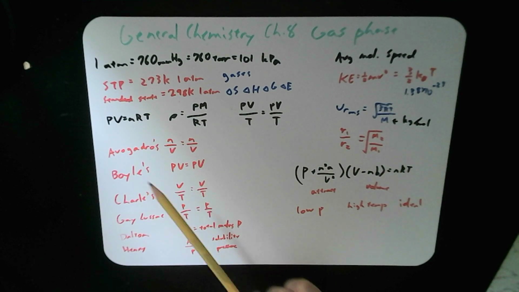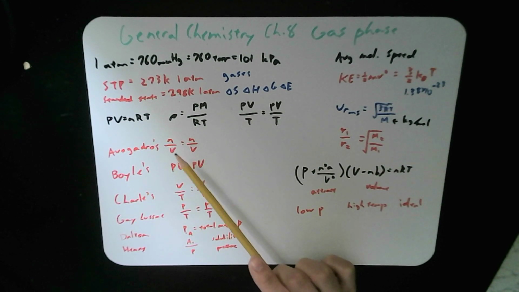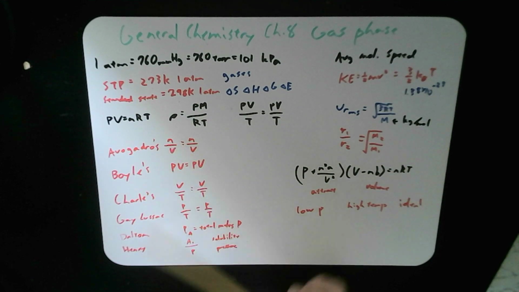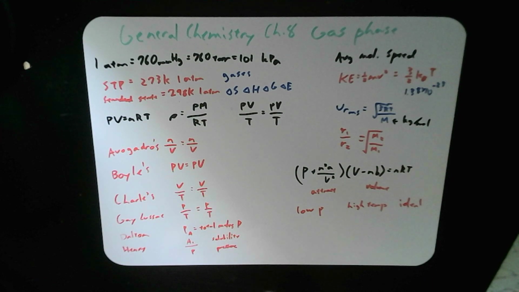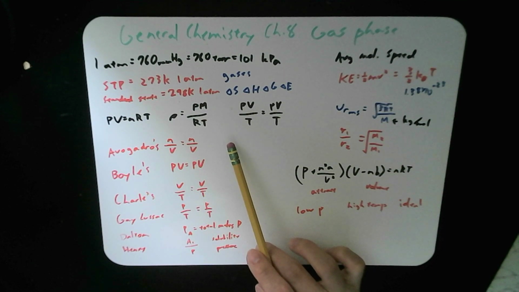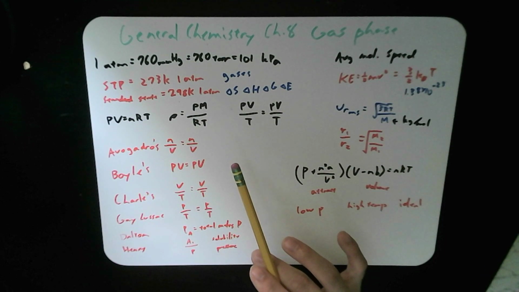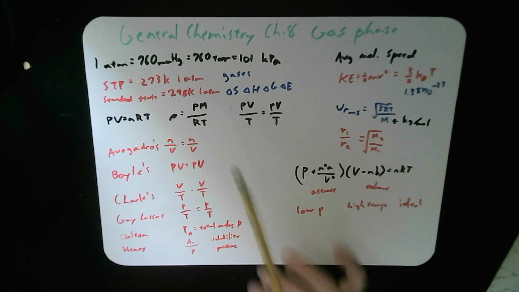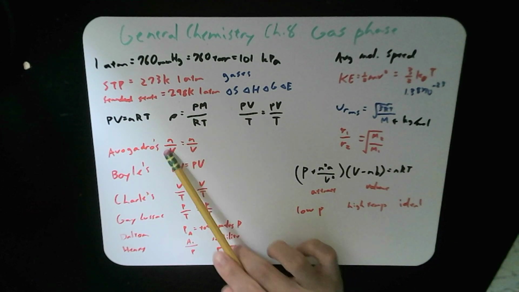Avogadro's law, think about constant pressure and constant temperature. We just want to know about the number of moles. N is the number of moles to deal with, and V is the volume. So if we have a new compound and it's a gas, and it increases in a certain amount of molecules added, then the volume should also increase to keep it constant.